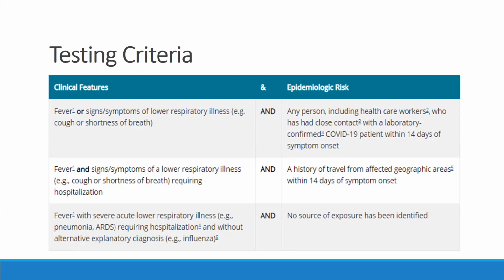We do have some restrictions on the numbers of people that we can test, as public health has a finite amount of testing supplies. So that's why we can't just open up the testing to anyone that a healthcare provider wants to test. We need to make sure we're following criteria.